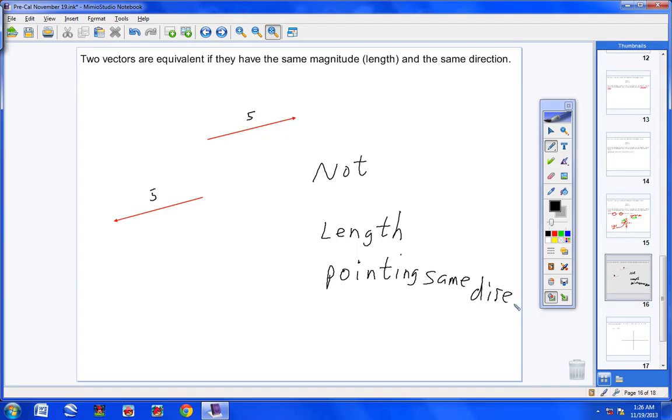Pointing in the same direction. And then lastly, they must have the same slope. And you know how to find the slope of a line, hopefully by now. And so they must have the same slope, they must be pointing in the same direction, and they must have the same length.